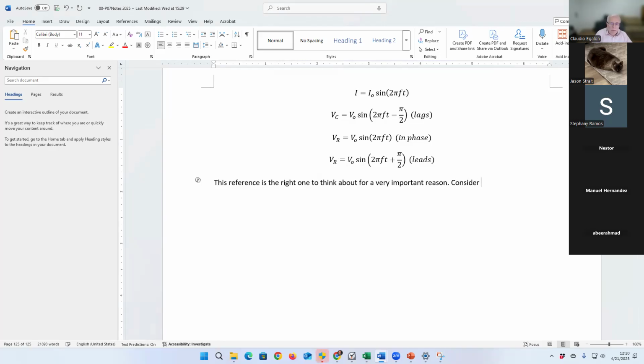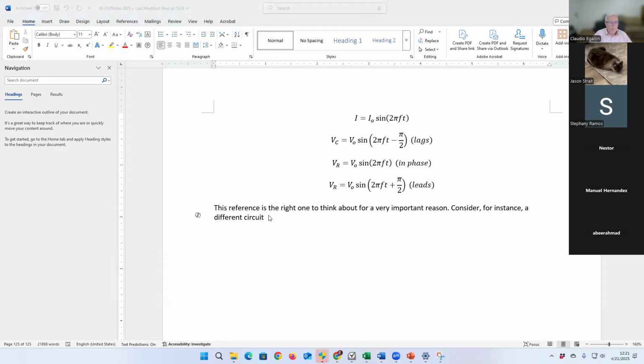Consider, for instance, a more difficult, a more generic, a different circuit. One that involves all three elements: the resistor, the capacitor, and the inductor.